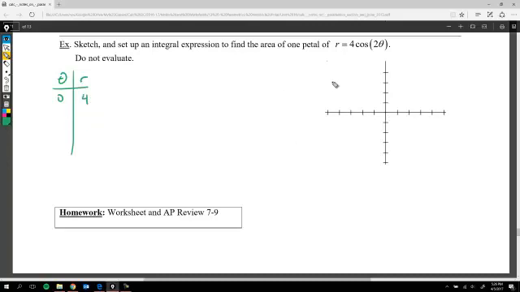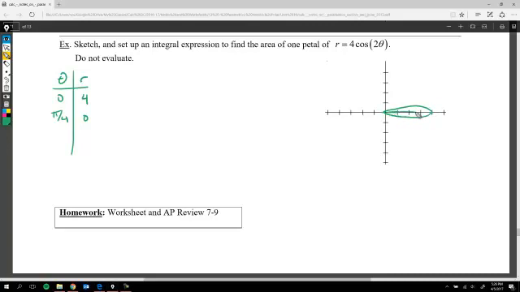That makes sense because cosine of 0 is 1. So I have a maximum of 4. And if I plug pi over 4 in, I end up evaluating cosine of pi over 2, which is 0. So if you look at the graph of this, it goes out to 4. So one petal will look something like that.